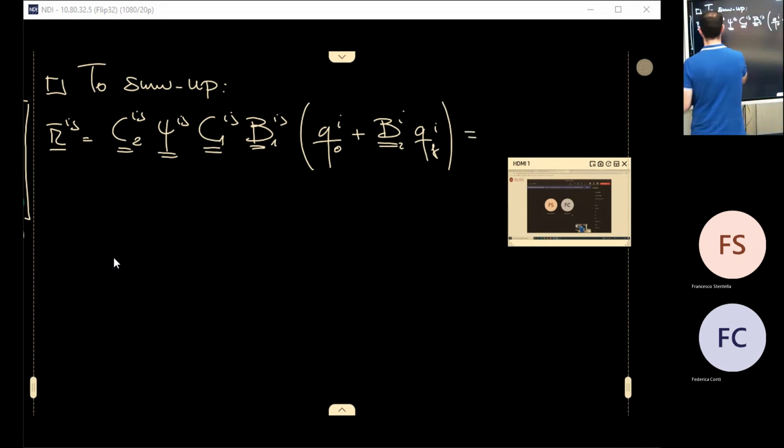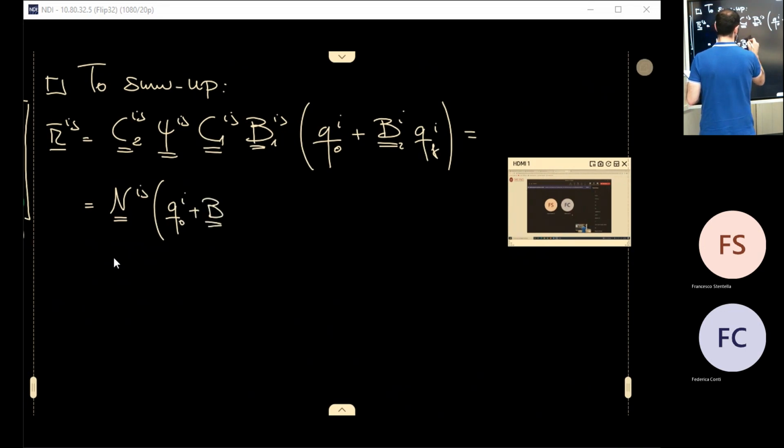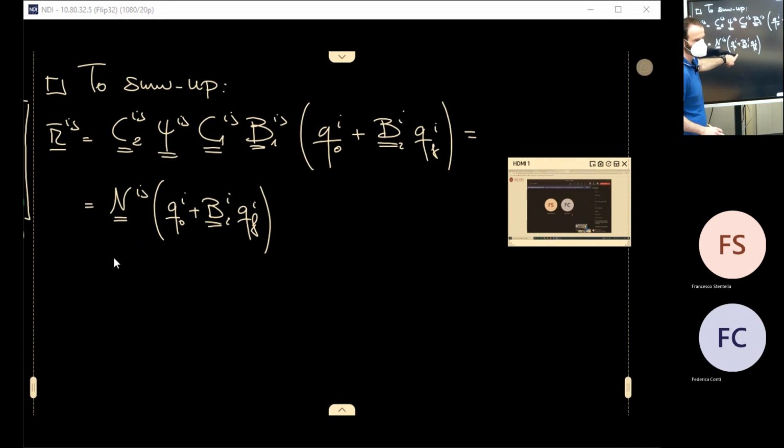Or, in a more compact way, N Ij applied over Q0 I plus B2 I QF I. Okay, so you see, we were able again to describe the position of each point within an element with respect to the body frame as the sum of two contributions, the initial value of the coordinates before deformation, and the one directly associated to deformation.